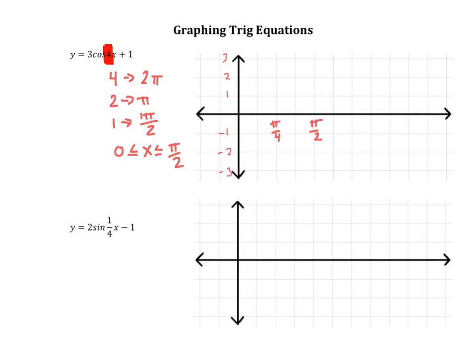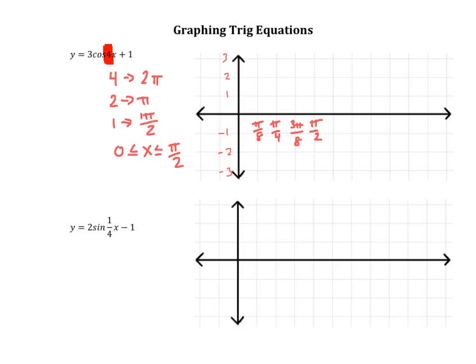And then half of pi over 4 is going to be pi over 8. Then halfway between pi over 4 and pi over 2 is going to be 3 pi over 8. If you need more help coming up with the fractions, go ahead and ask your teacher. So now we're going to graph the ordered pairs.